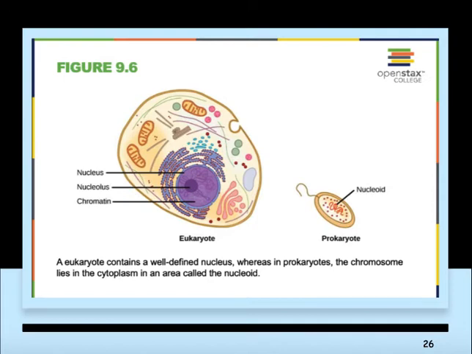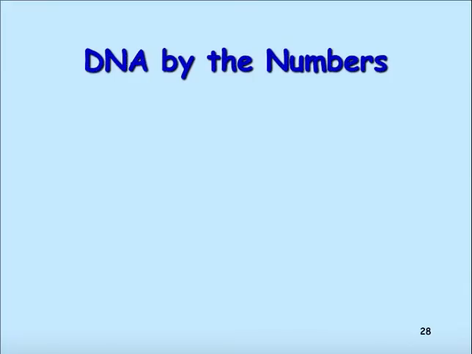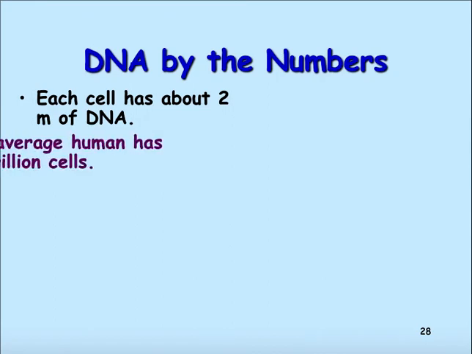So prokaryotes have a single circular DNA, whereas eukaryotes, which are here, have a linear DNA, which is double-stranded, and it tends to be a lot more complex. Both the eukaryotes and the prokaryotes use the process of transcription and translation to make proteins. So those are the main things that I wanted you to get from this.